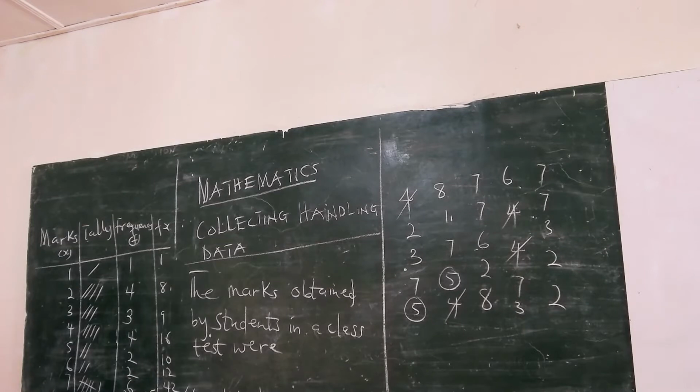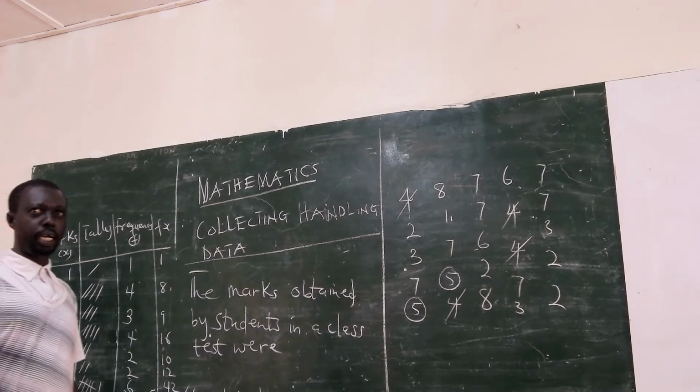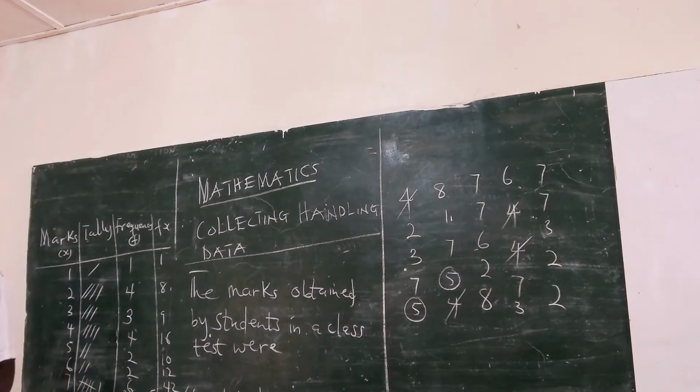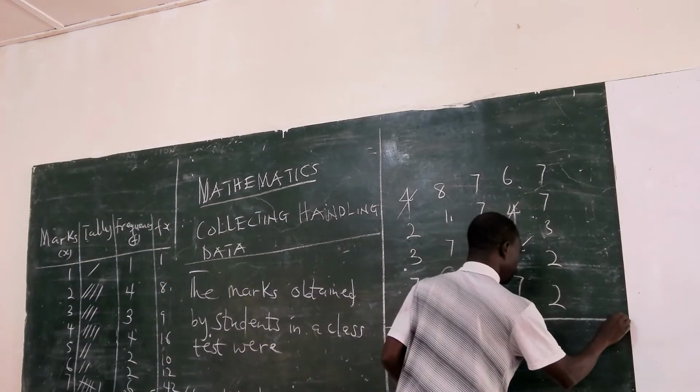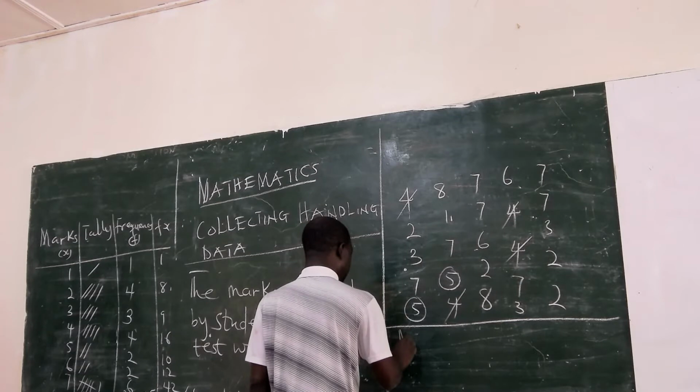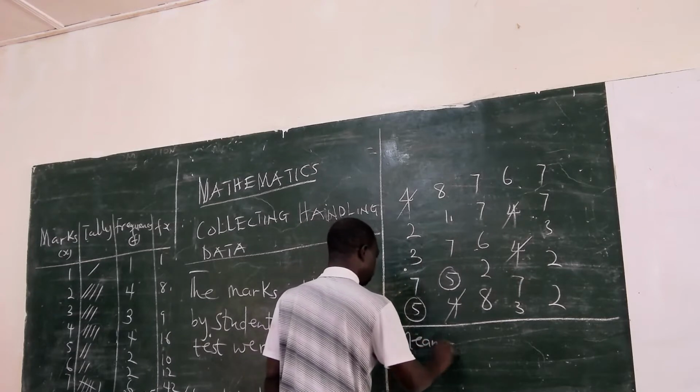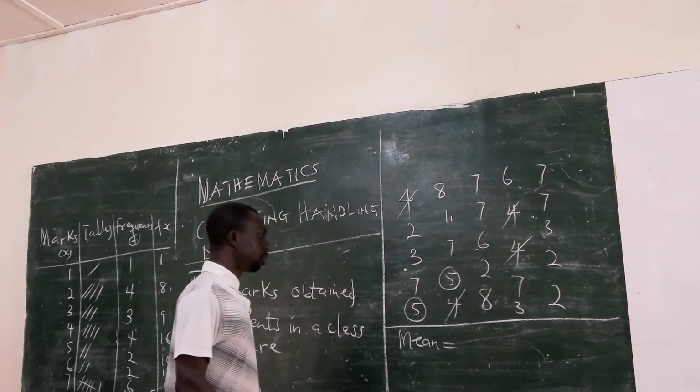So after filling the table, we are using the table to find the mean. Mean simply means average: the sum of quantities divided by the total number of quantities. If they ask you to use this raw data to find the mean, we are using the table to find it.